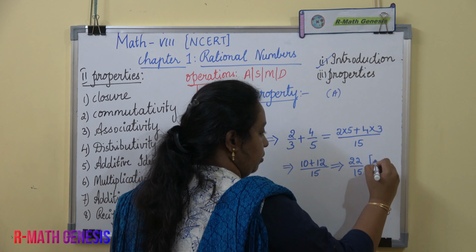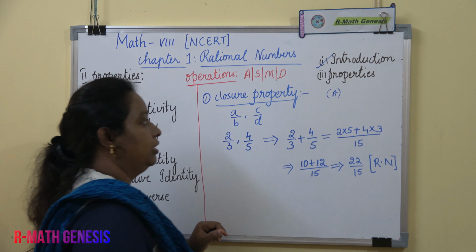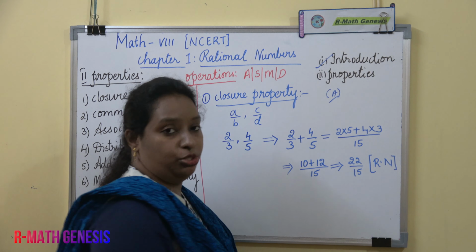This is also a rational number. So what does the closure property say in terms of addition? The sum of any two rational numbers is also a rational number. So in terms of addition, it is true.